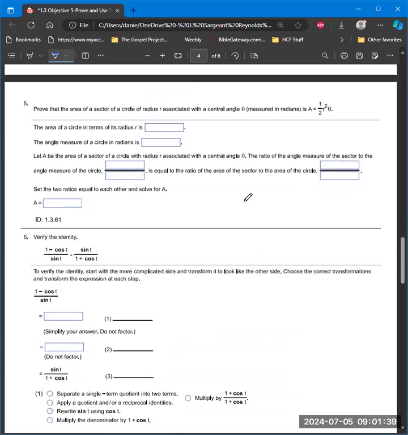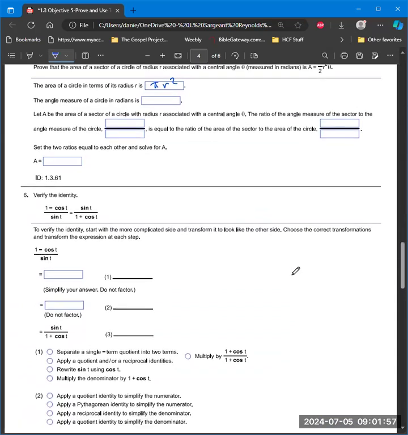All right, let's prove that the area of the sector of a circle of radius r associated with a central angle theta measured in radians is A equals 1/2 r squared theta. Area of a circle measured in terms of its radius is pi r squared. The measure of the circle in radians is 2 pi.